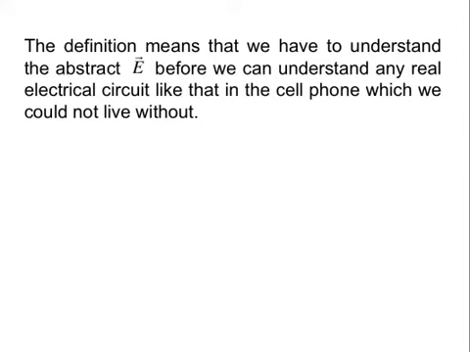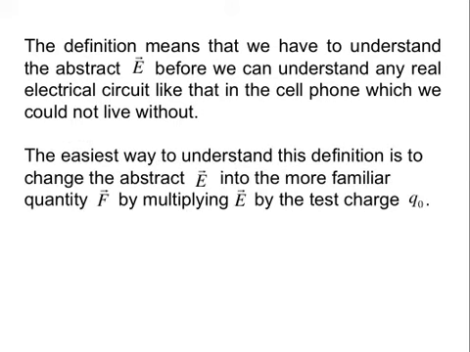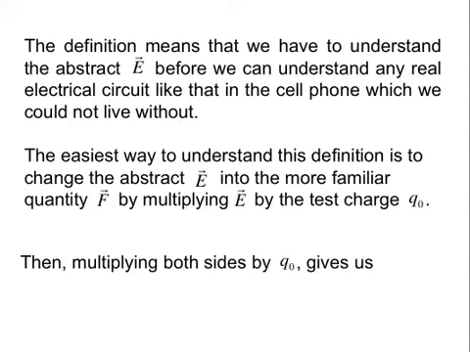The definition means that we have to understand the abstract E before we can understand any real electrical circuit like that in the cell phone, which we could not live without. The easiest way to understand this definition is to change the abstract E into the more familiar quantity F by multiplying E by the test charge Q0.